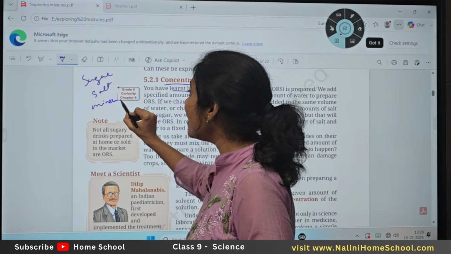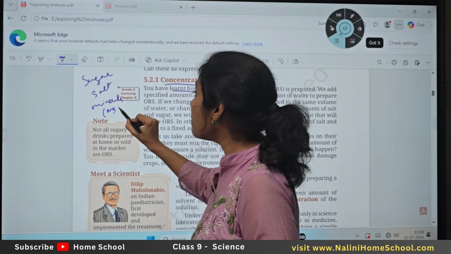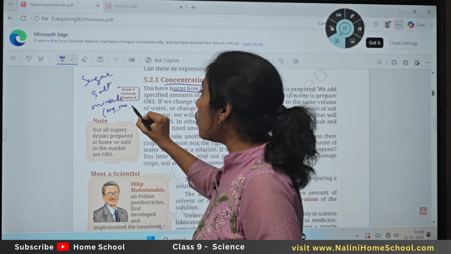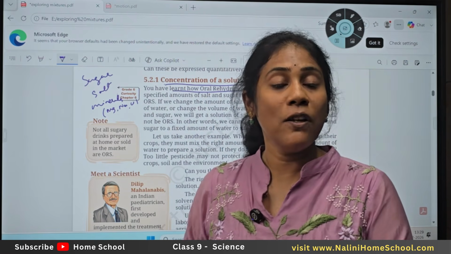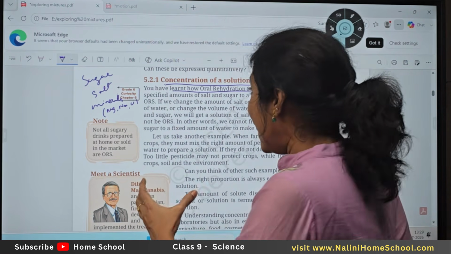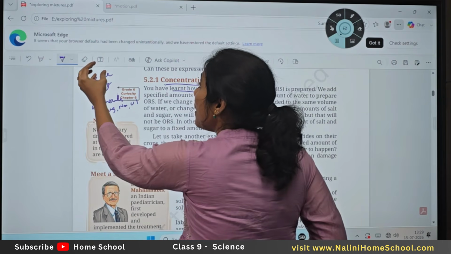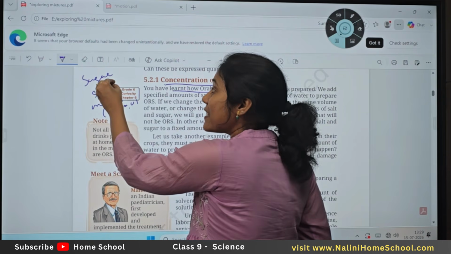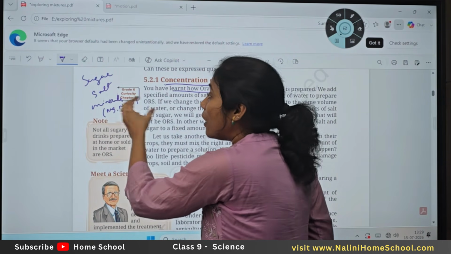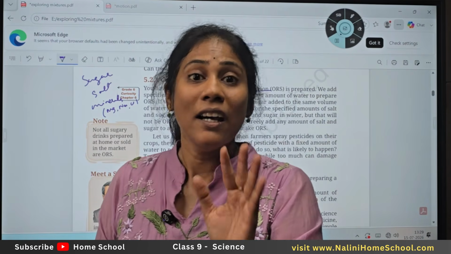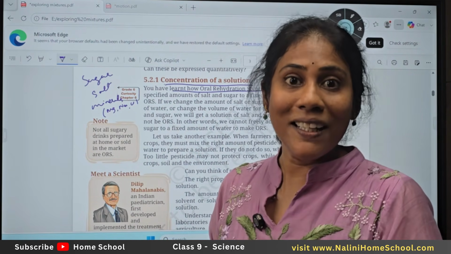What do you mean by minerals? Elements like magnesium, sodium. All of those elements you will find in ORS powder. And it's very important how much sugar should be mixed with how much salt and how much mineral should be there. All of that is very, very important.